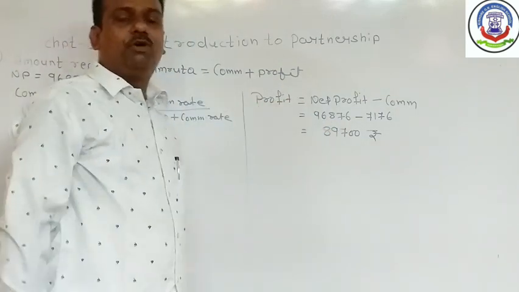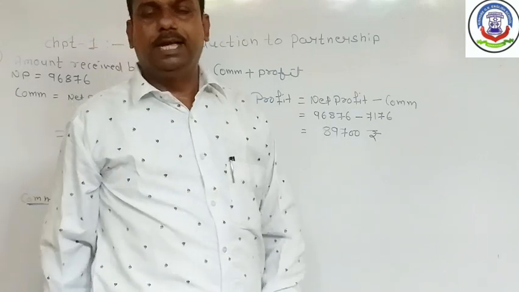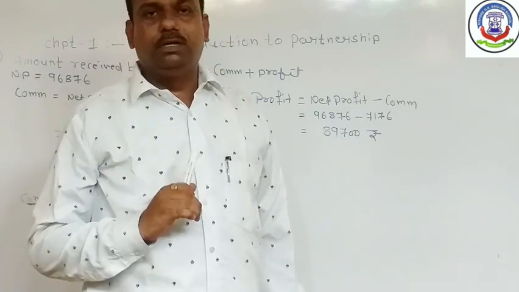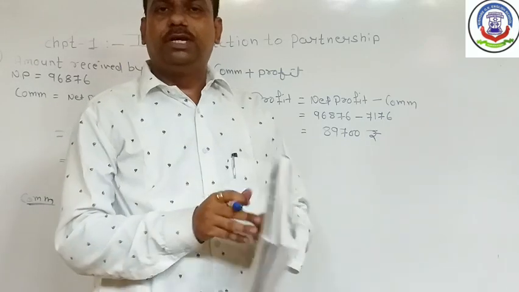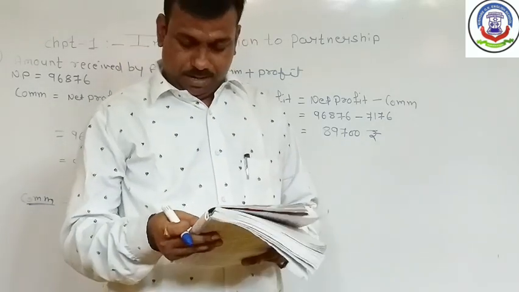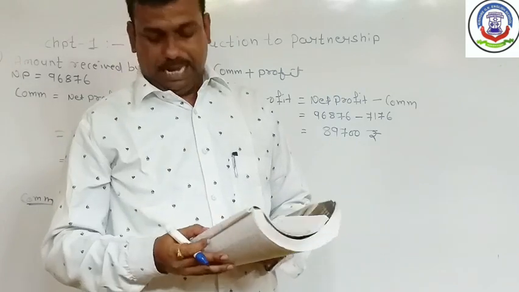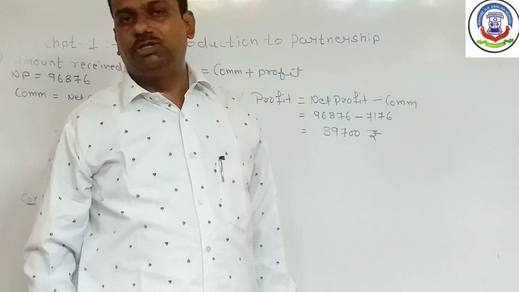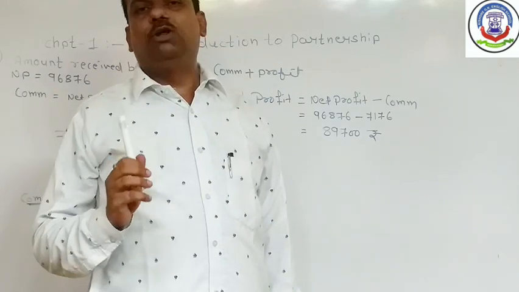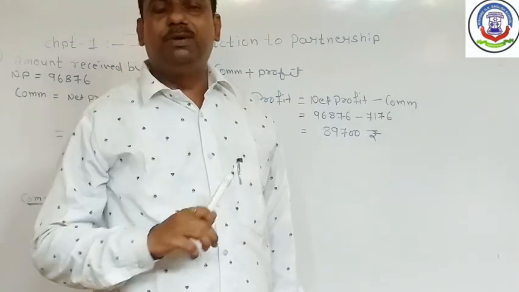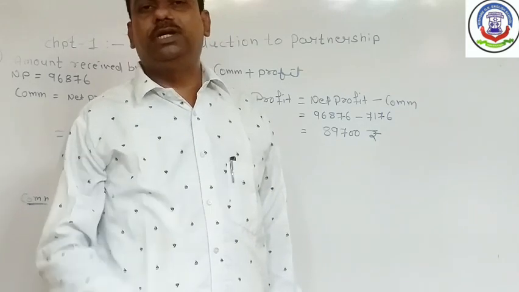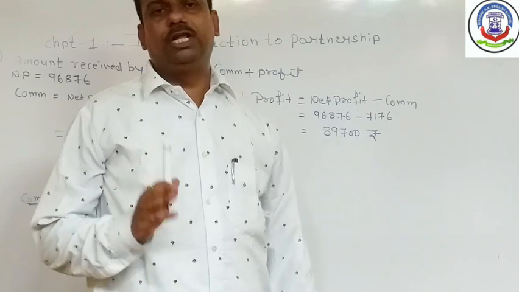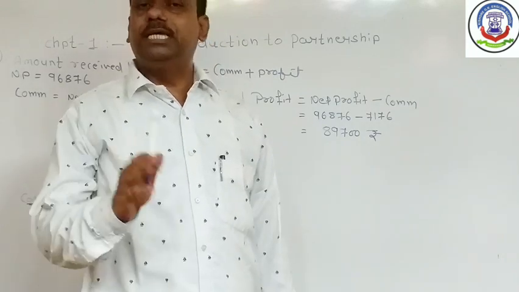Now this divisible profit will be distributed among the partners as per their profit sharing ratio. But in the sum, the profit sharing ratio is not given; instead, the capital ratio 3:2 is given. Whenever the profit and loss ratio is not given, profit and loss is always distributed among the partners equally.